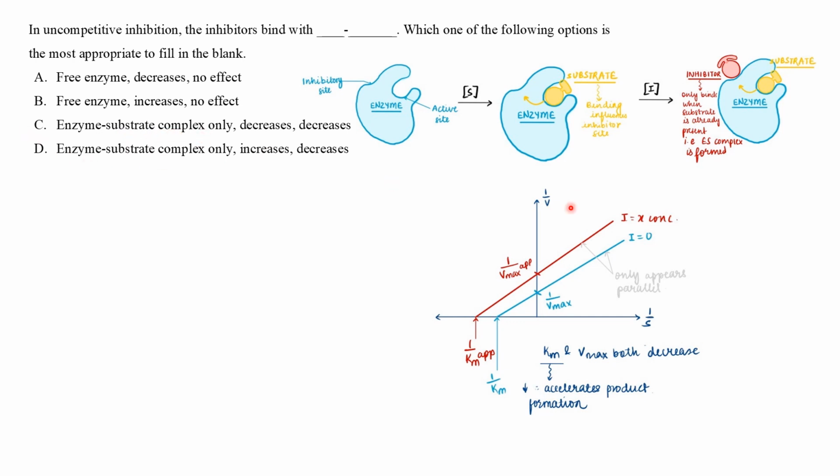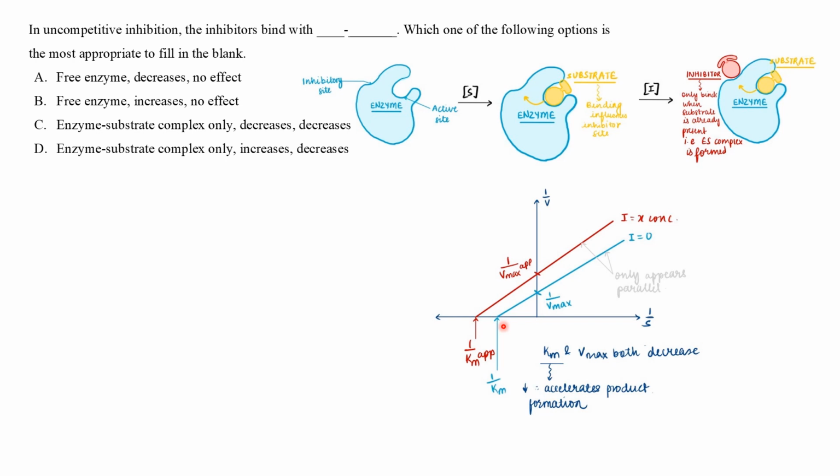Now, with respect to the Vmax and the Km values, both of these values see a considerable change. On addition of the inhibitor, the 1 by Vmax value slightly increases. So, the Vmax value decreases.